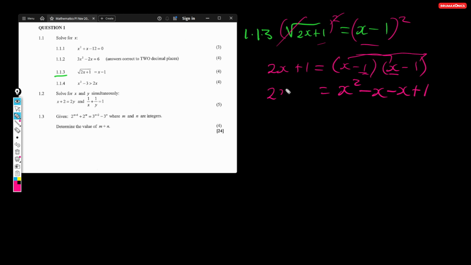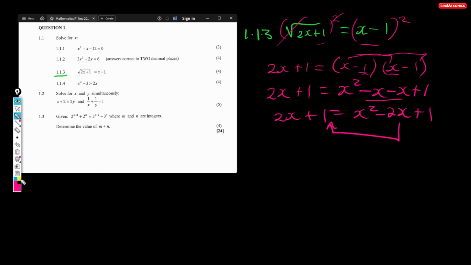Then here we have our 2x plus 1, right? So 2x plus 1 is equal to, this one will give us negative 2x plus 1. So the best thing is to take everything and bring it to the other side.